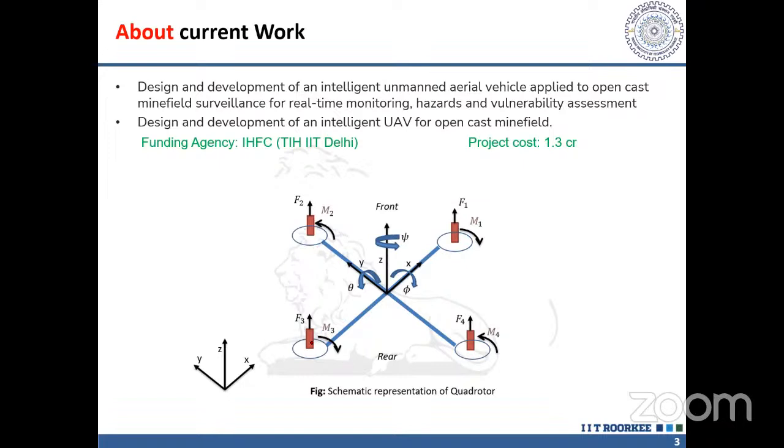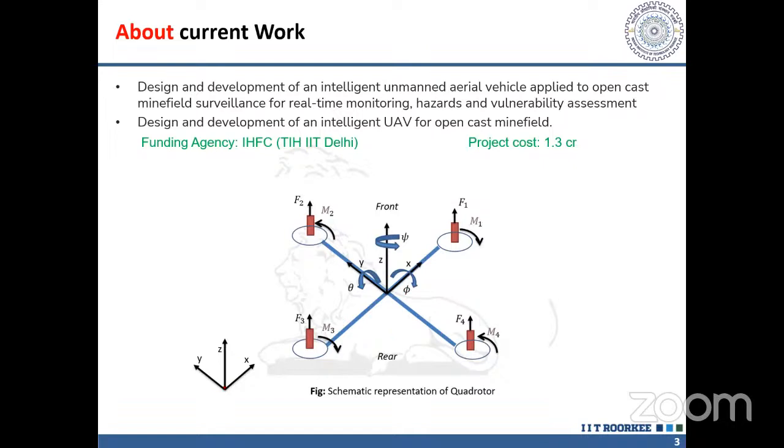Here F1, F2, F3 and F4 are the thrust forces of this quadrotor model. And here X, Y, Z are the linear directions. Here we can see a local coordinate system and a global coordinate system.